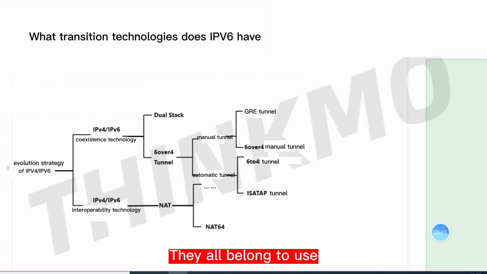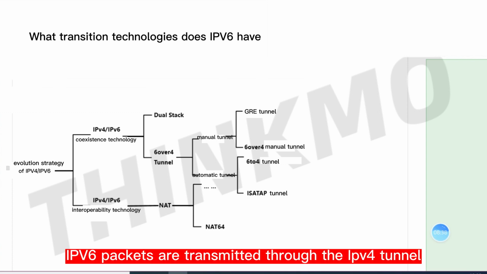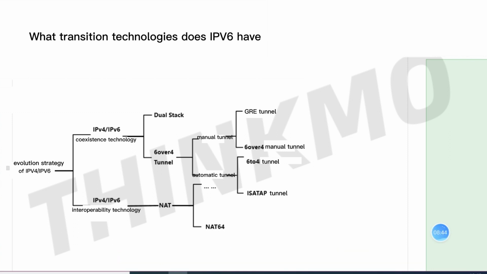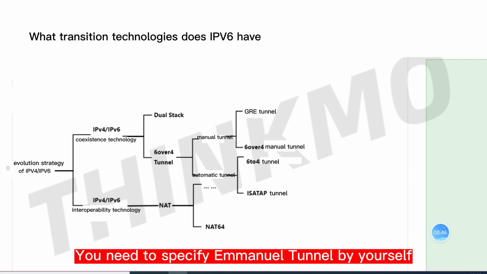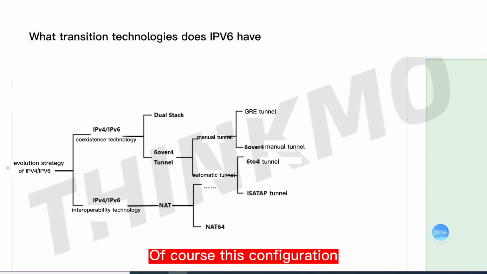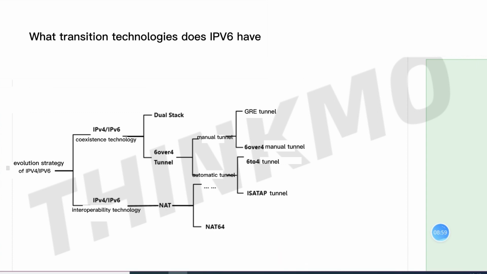They both use the IPv4 tunnel to transmit IPv6 packets. The biggest difference is that for a manual tunnel you need to specify the destination IPv4 tunnel address yourself. Automatic tunnels do not need to be configured. Of course, the students should be clearer about this configuration. So let's talk about the next one.